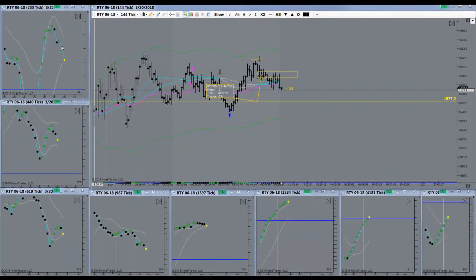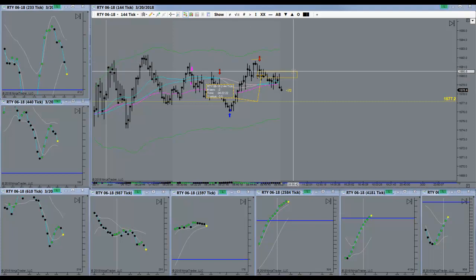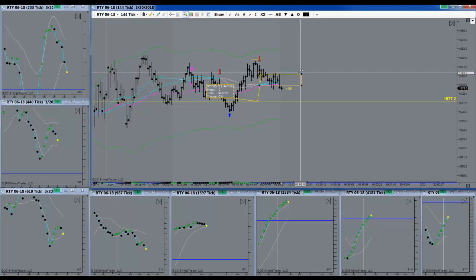There we go. Now the BBs are spread apart once again. Velocity to the downside. Okay. Went sideways here for a little bit. That's exactly what the BBs were telling us was going to happen. Now they're telling us they're going to push down.